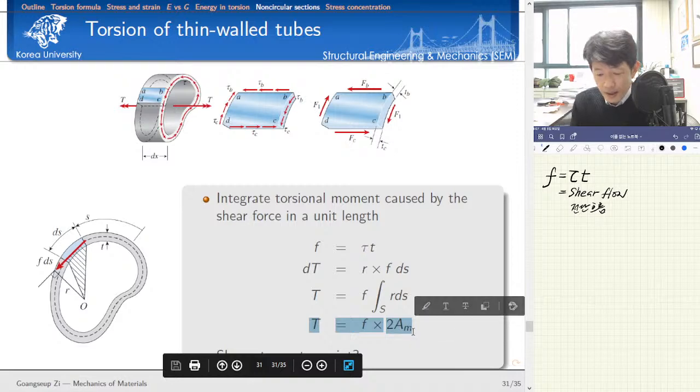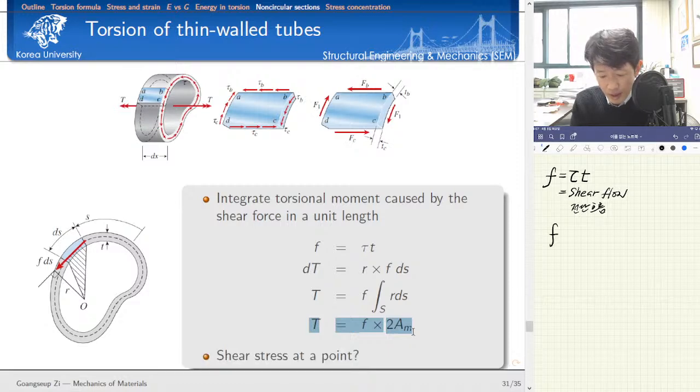Then how do you calculate the shear stress? Once we have the torsional moment, we can calculate the shear flow by dividing the torsional moment by 2 times the area enclosed by the middle line of the cross section. And then we calculate the shear stress at a certain point by dividing the shear flow by the thickness at that point.